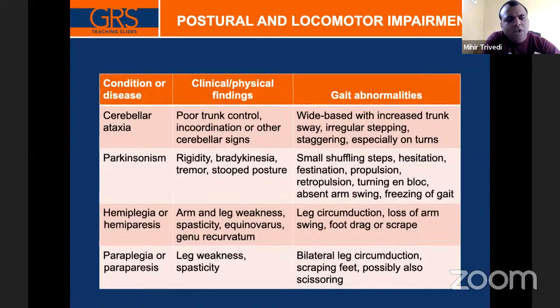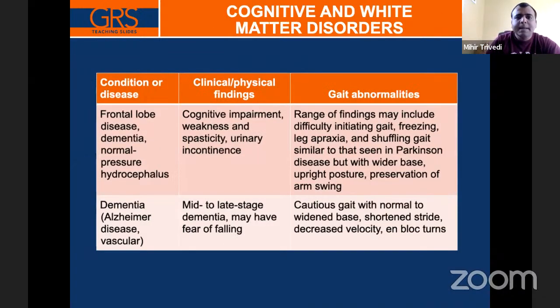In hemiplegia or hemiparesis, we can see arm and leg weakness, spasticity, equinovarus, genu recurvatum. Gait abnormalities can be leg circumduction, loss of arm swing, foot drag or scrape. Paraplegia or paraparesis, we can see leg weakness, spasticity with bilateral leg circumduction, scraping feet, possibly also scissoring.